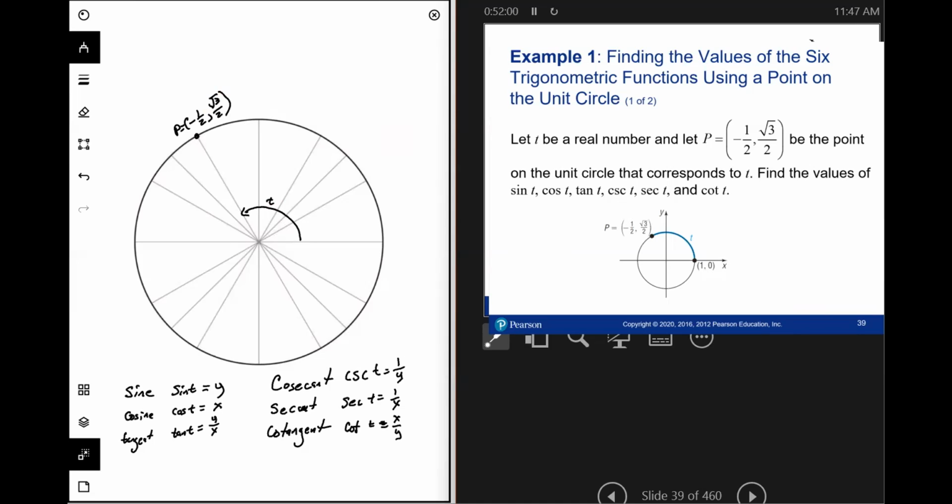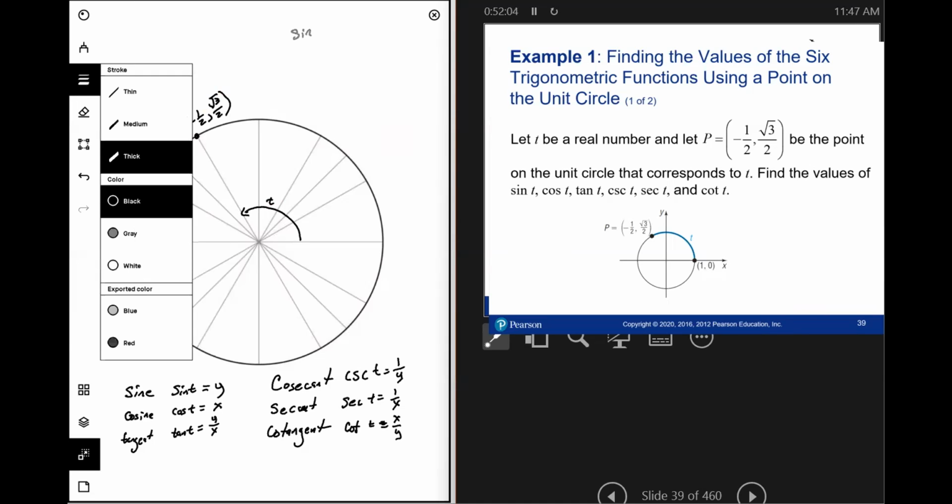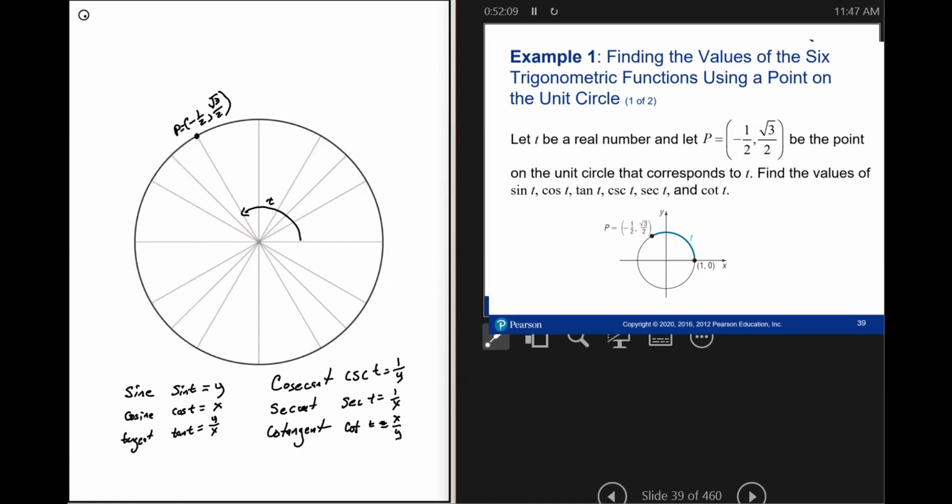And so the sine of this t equals the y value, which is the square root of 3 over 2. The cosine of t is the x value of this point, which is negative 1/2.